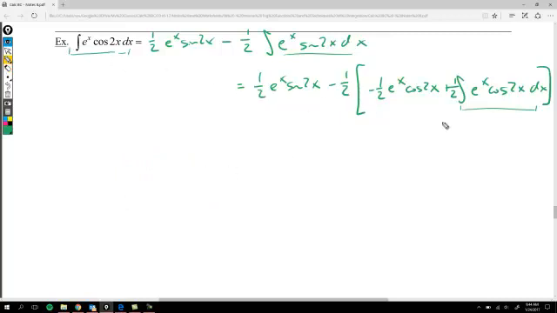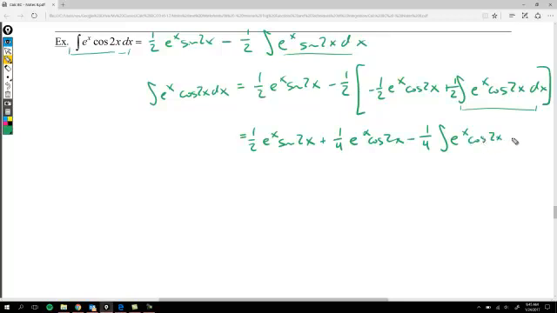Keep in mind that all of this is still equal to the integral of e to the x cosine of 2x dx. Okay, so I'm going to simplify this side a little bit. I'm just going to distribute this 1/2, so plus 1/4 e to the x cosine of 2x minus 1/4 integral e to the x cosine of 2x dx. So all I did was I distributed my negative 1/2.